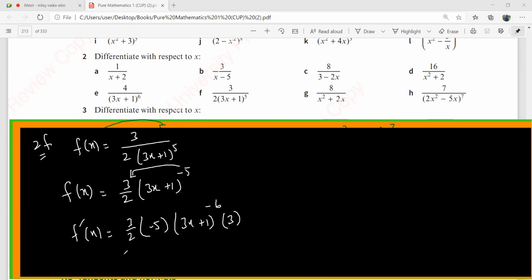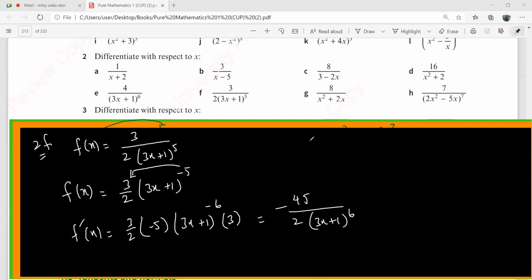So if you simplify this, you have 3 into 5 is 15, into 3 is 45. This is minus 45 over 2 into (3x plus 1) to the power 6. That is its derivative, guys. Okay? Got it? Any question?